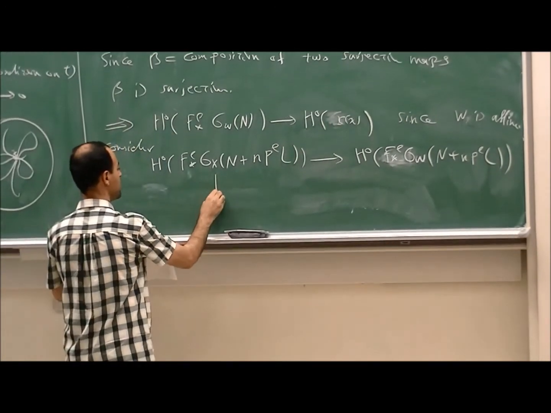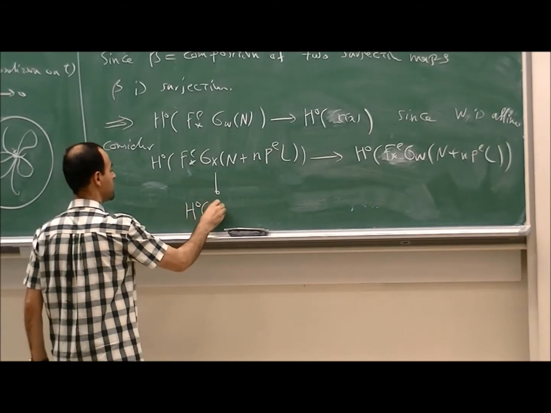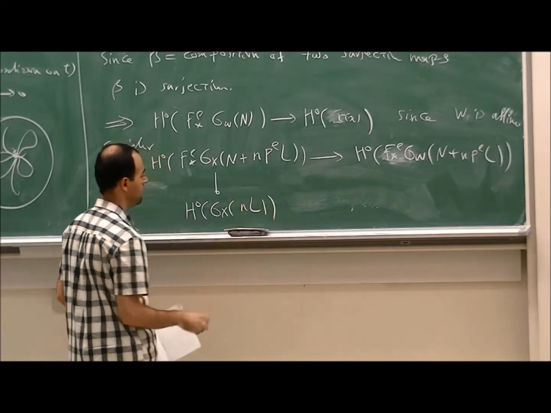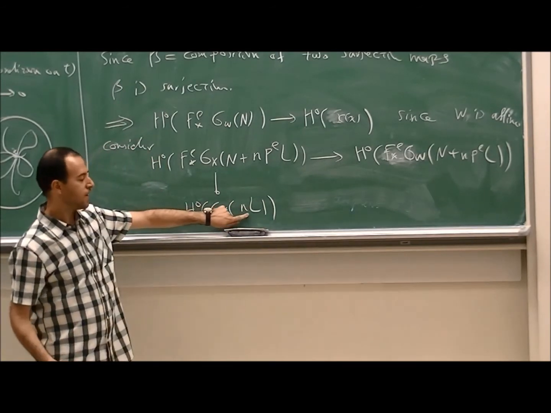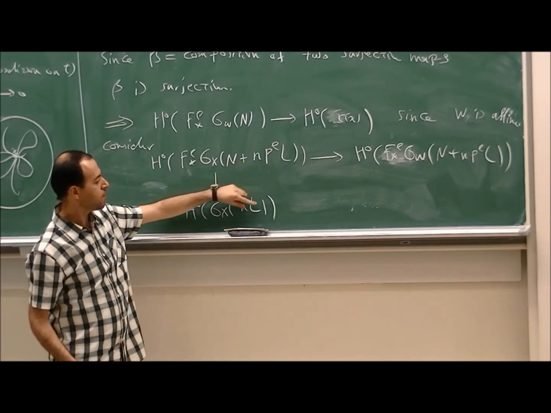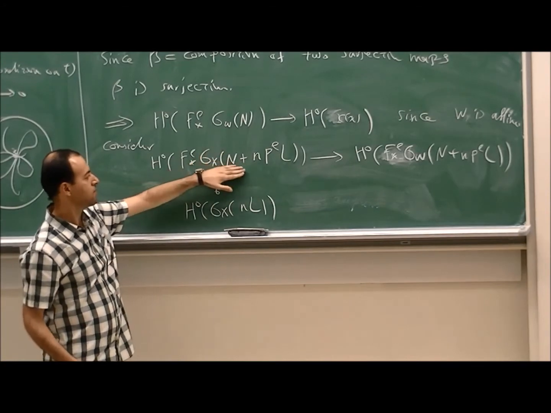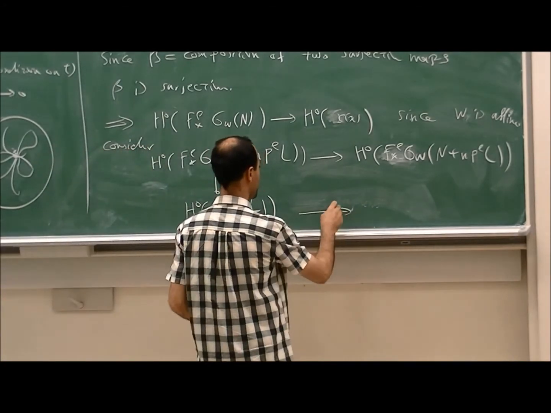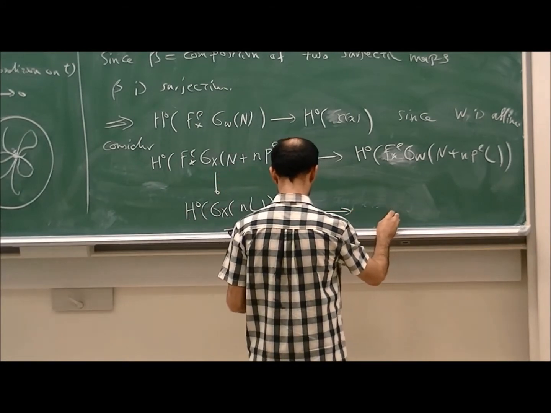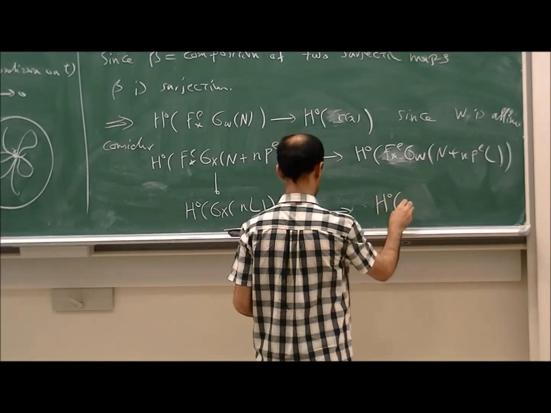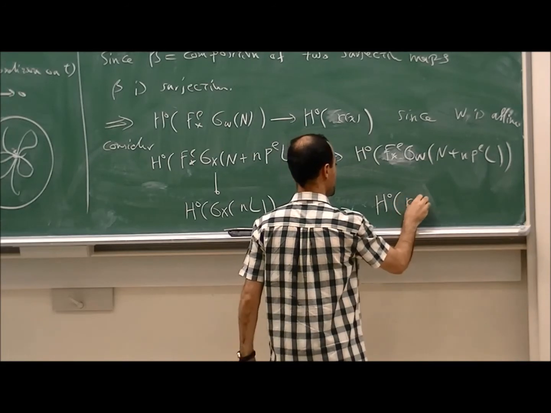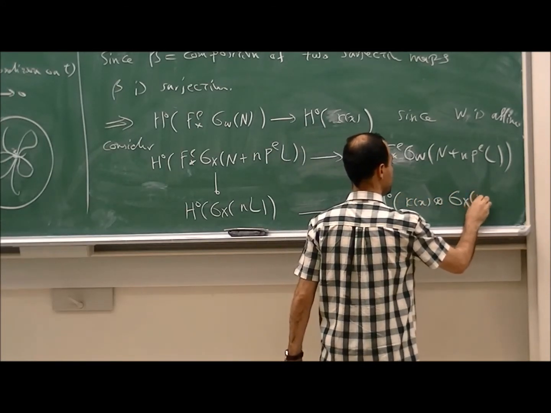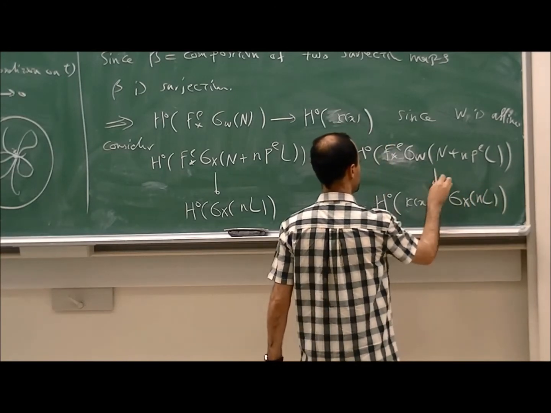Then you need to tensor also downstairs. You have H0 of O_X, here I have n times L. So the reason here you have nL, but here there is also p^e, just because you are applying Frobenius when you go upstairs. You have p^e times whatever you multiply. And then finally here I have H0 of K_X tensor with O_X and L.